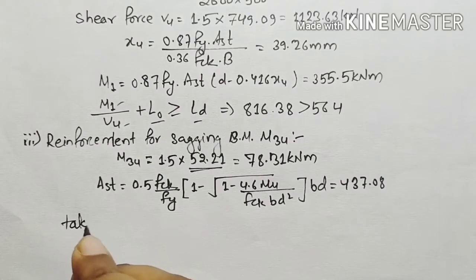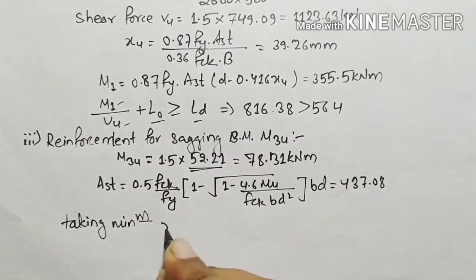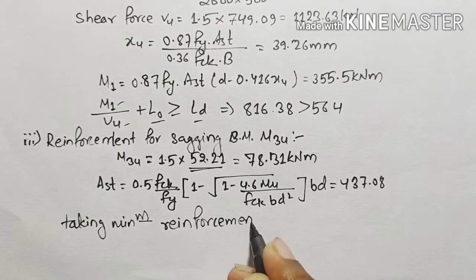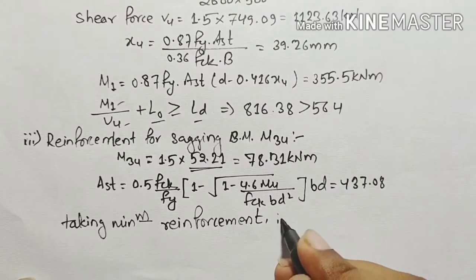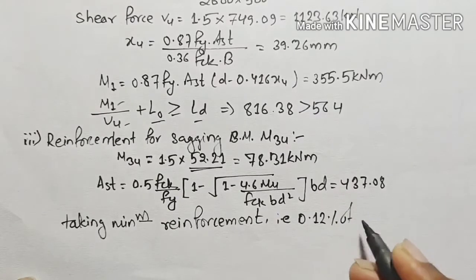So we will proceed taking the minimum reinforcement. So taking minimum reinforcement, we will have 0.12% of cross sectional area.